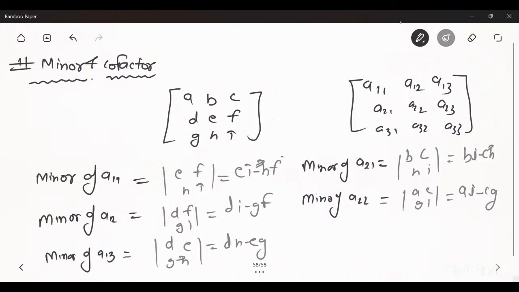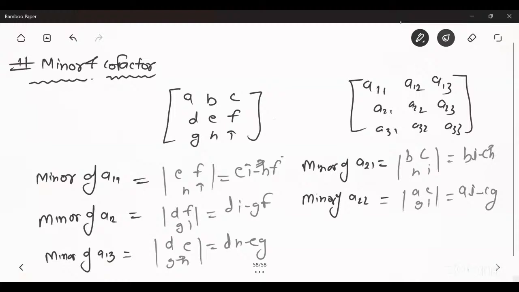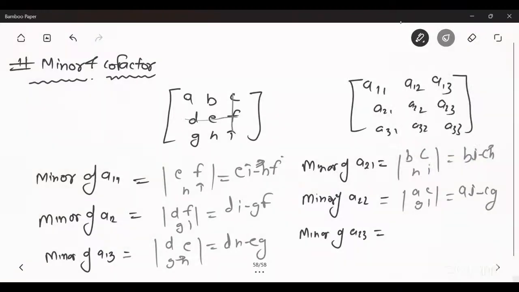Now the minor of A23. A23 means you have to skip the second row, third column. So you will get A, B, G, H. On cross multiplying, you will get AH minus BG. So that was the value of the minor of A23.